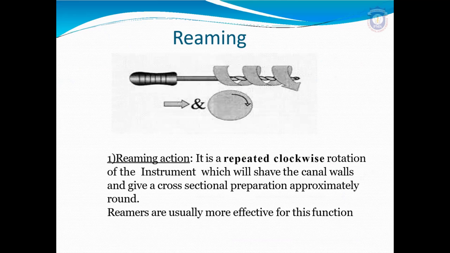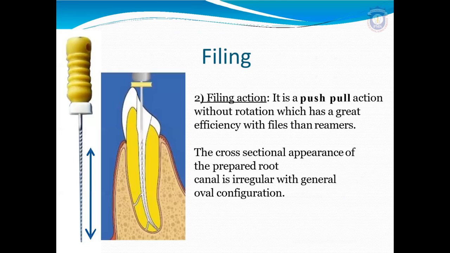Reamers are usually more effective for this function. Filing action is a push-pull action without rotation, which has greater efficiency with files than reamers. The cross-sectional appearance of a prepared root canal is irregular with a general oval configuration.